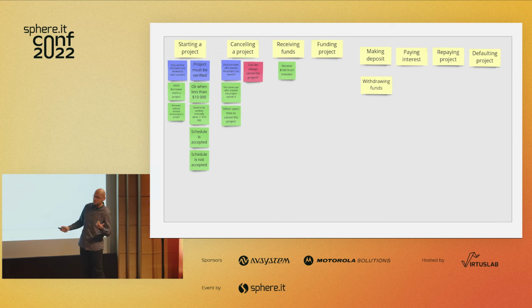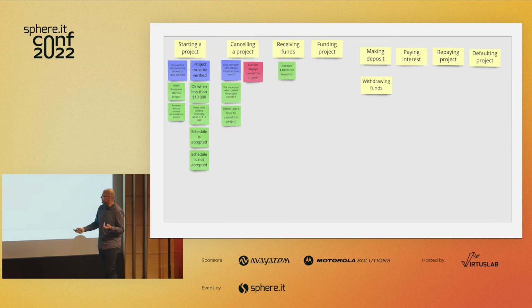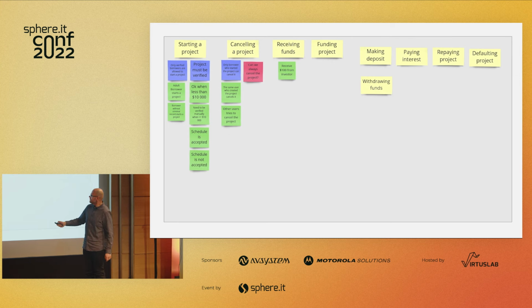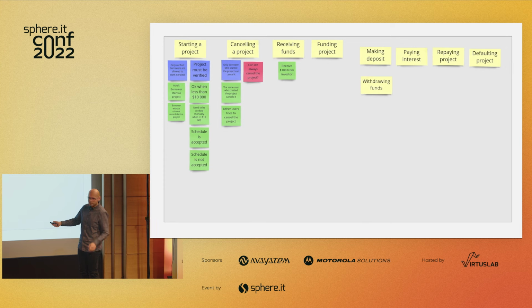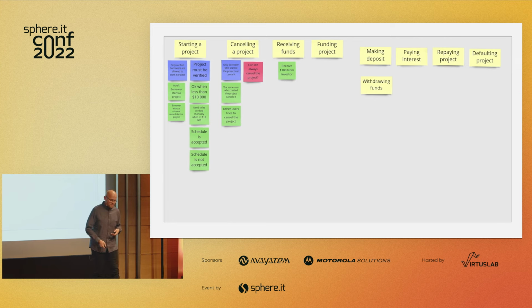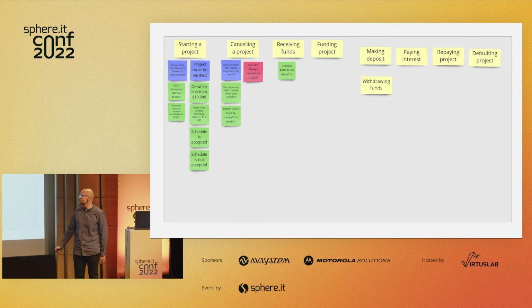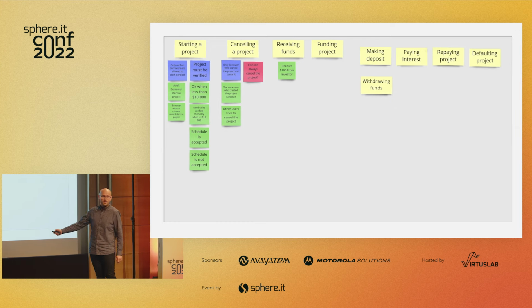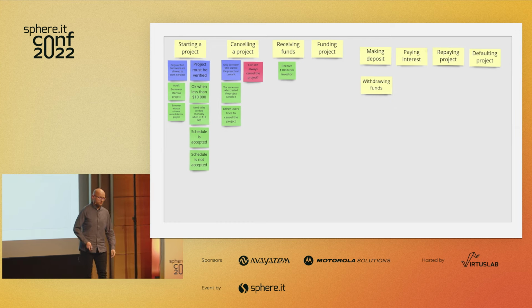When more than $10,000, there is a case where the schedule is accepted and where it is not accepted. And here, for example, an adult borrower starting a project and a borrower without criminal records starting a project. So these are the examples, nothing especially detailed, as you can see. The blue ones are rules, but I usually start with green ones and then find the rules.